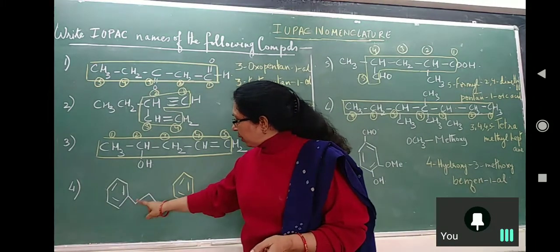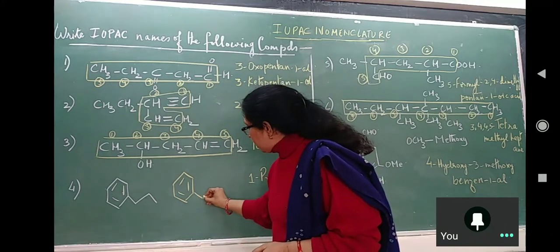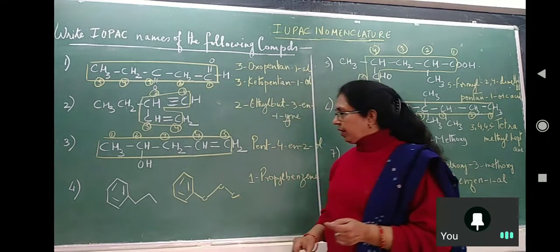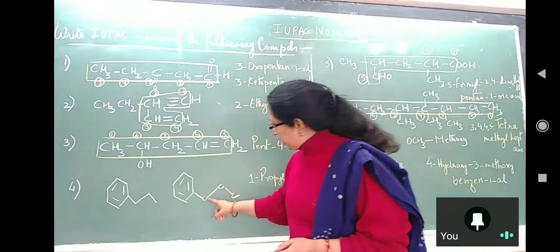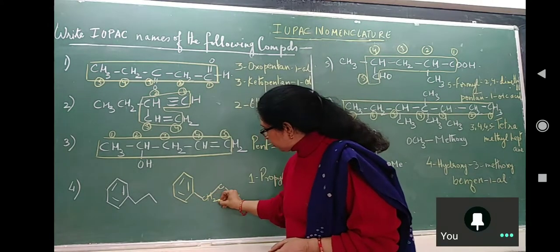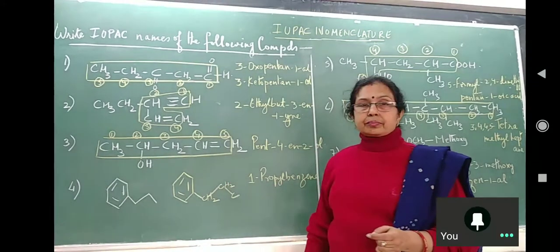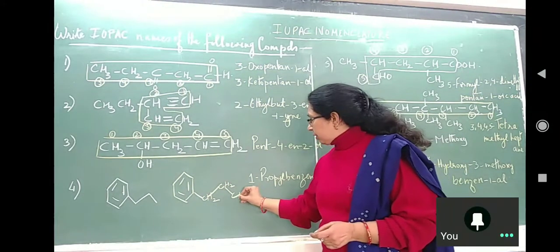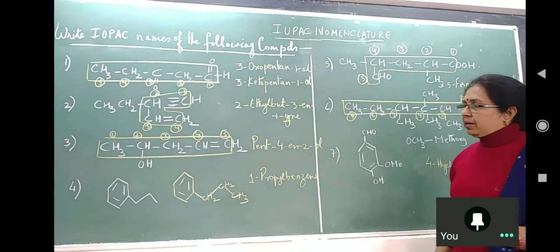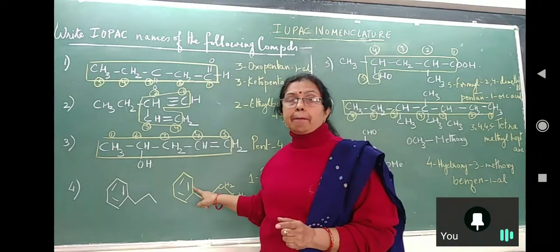This is carbon atom, this is carbon atom, this is carbon atom. So it will become C here, C here, and C here. Two bonds are already there, so this will be CH2, CH2, CH2. Now, this is the side chain and this is the ring compound.